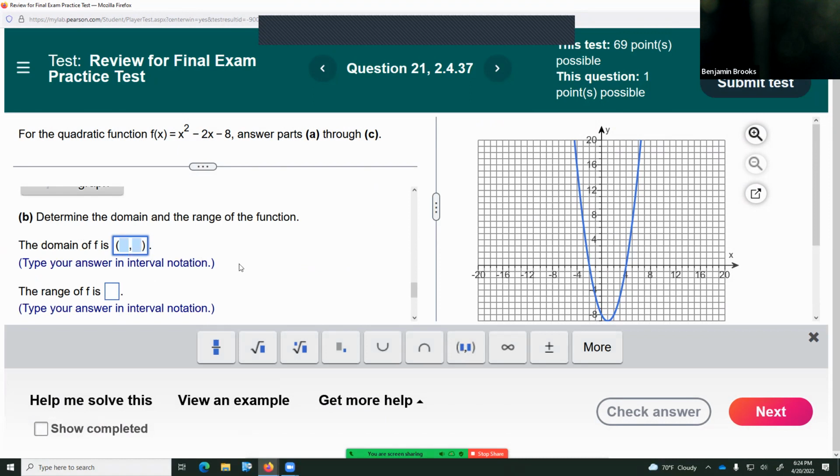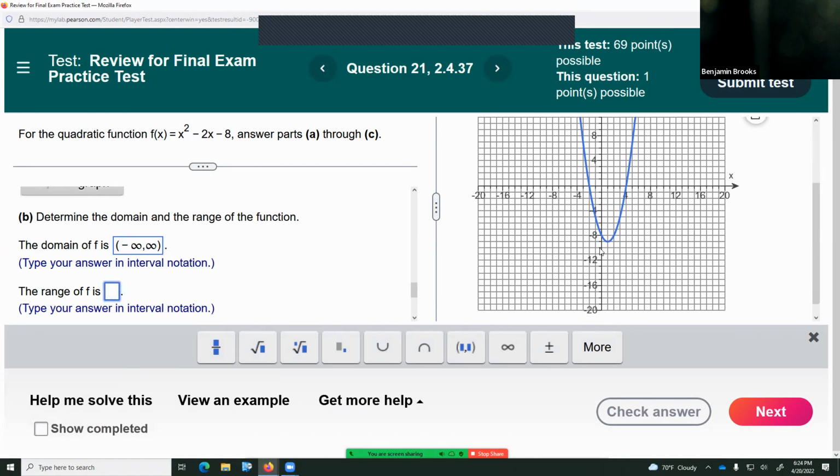There's basically no restrictions on this one. The range, the lowest value you can get is -9. So in interval notation, we went from -9 to infinity.